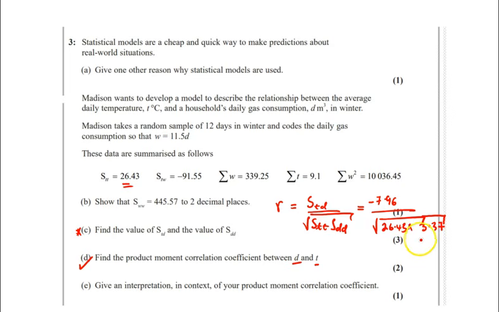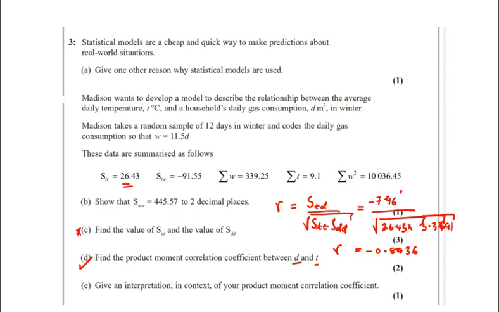Then you can use your calculator. You can use a more accurate value here, remember it was 3.3691, your calculated value, and then you get your R. When you play this in the calculator, you end up with R as negative 0.8436.